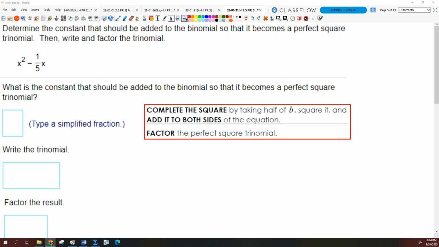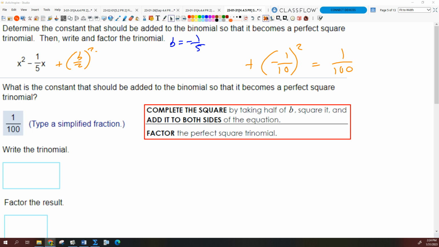Negative 1/5, right? I've got to add half of b squared. What's half of b? Negative 1/10, right? So I would have to add the term negative 1/10 squared, which is 1/100th. So that's what I'd have to add to create a perfect square trinomial.